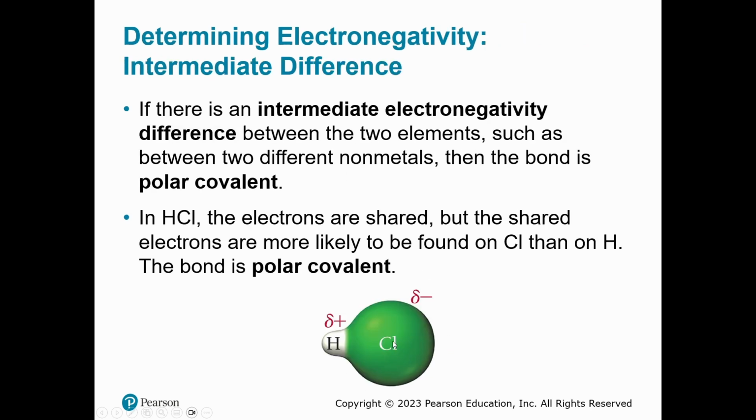When we have things that are big differences in polarity, but not quite enough to fully ionize, we have polar covalent bonds. So the halogen acids or hydroacids, hydrogen bonded to some halogen, have pretty big differences in electronegativity, but even hydrogen fluoride does not quite have enough electronegativity to be considered ionic.